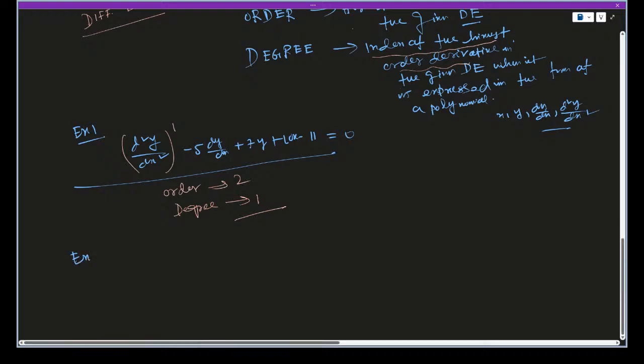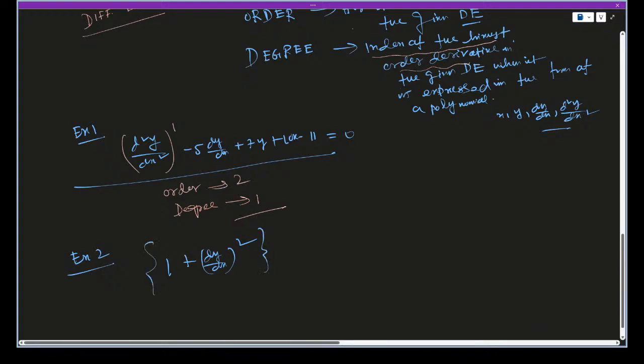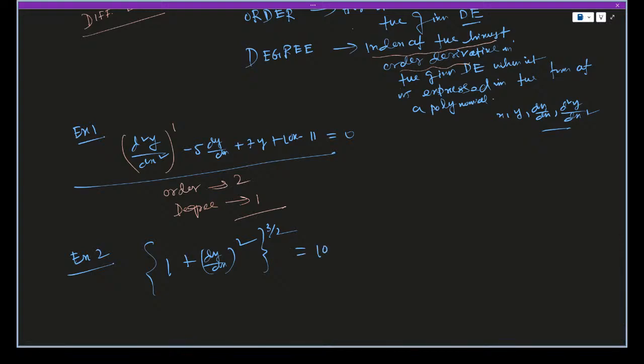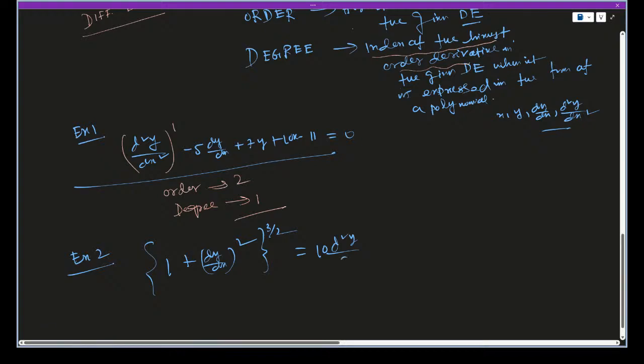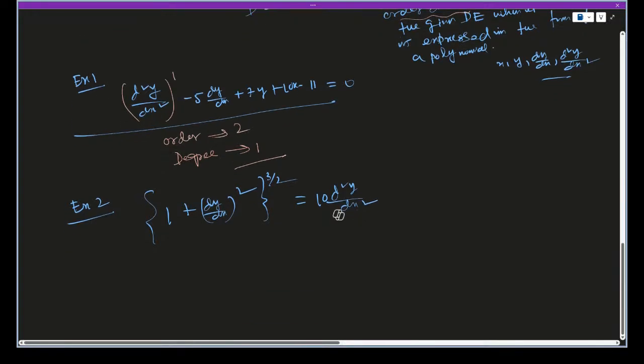Now, can I state the order and degree in this case? 1 plus dy by dx whole square, to the power 3 by 2, equal to, say, 10 d square y by dx square. Is it possible? Yes, it's possible.